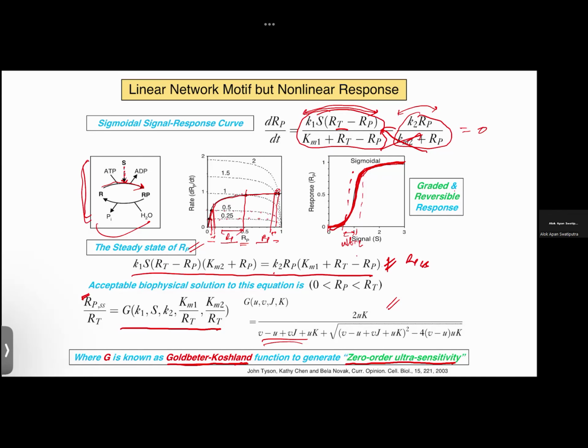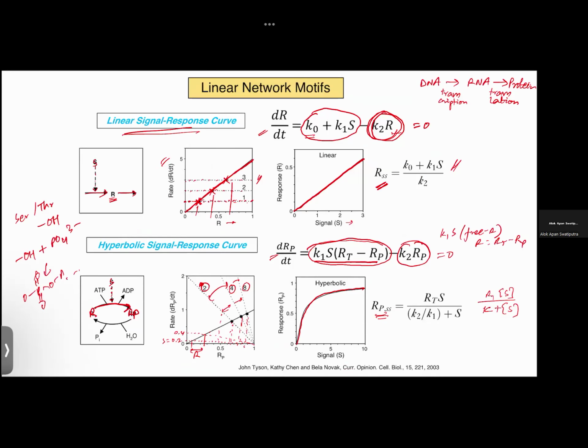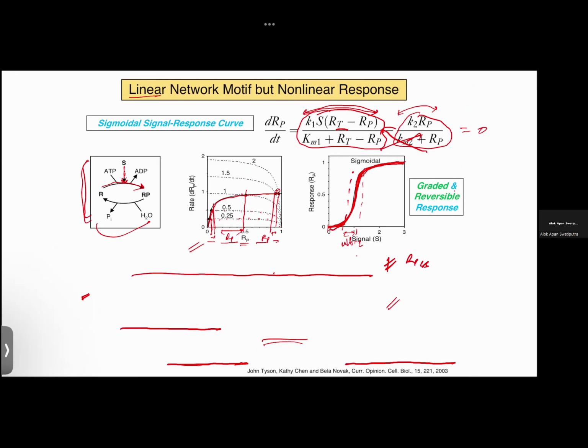So this was a linear network motif, right? See, your signal, whatever is here, I've kept it linear. This was a hyperbolic signal response curve, but still S was linear. And this is a sigmoidal signal response curve, but still I have kept this S. So the input is still linear, at least in the S term, but its manifestation is coming as non-linear.